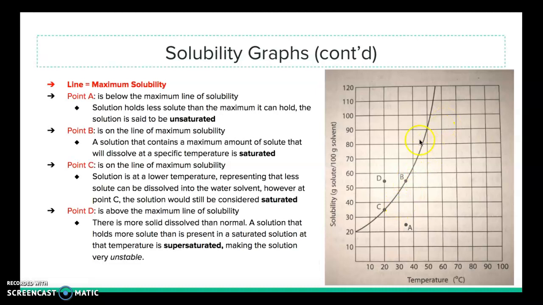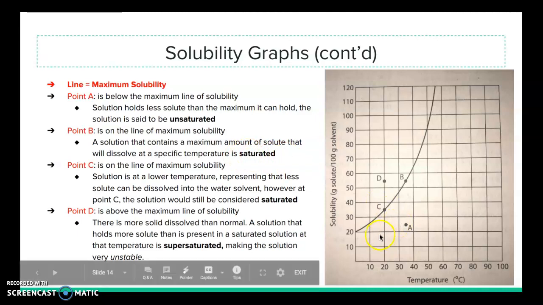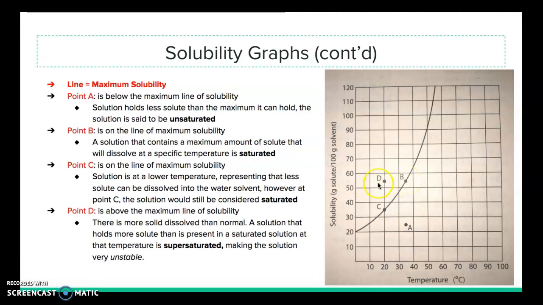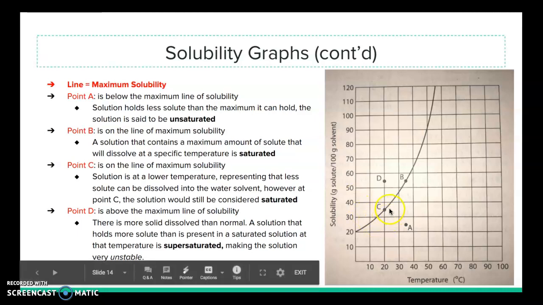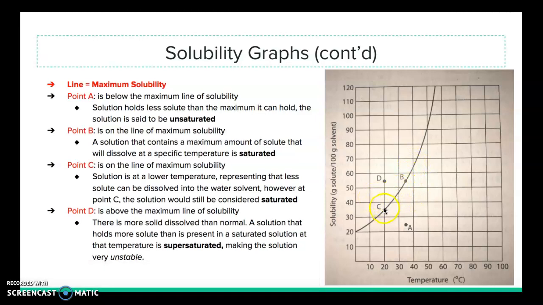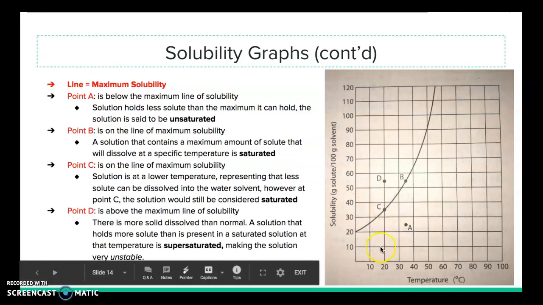Point B is on our maximum line. Because it's at a maximum, it's considered saturated at this temperature of about 35 degrees Celsius, with 55 grams of solute dissolved. Then if we move to point C, it's still on our line of maximum solubility, but at a lower temperature of about 20 degrees Celsius.